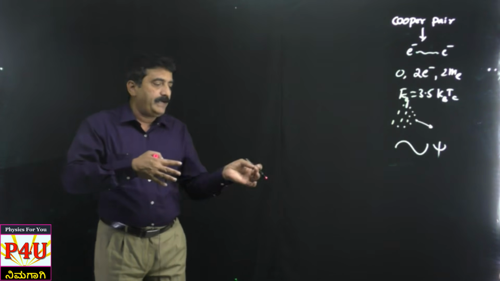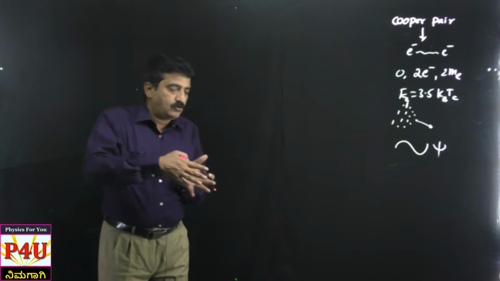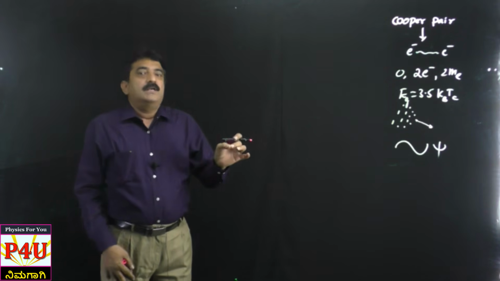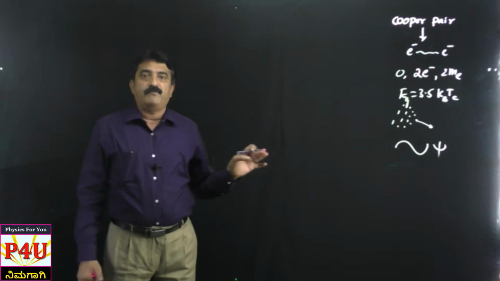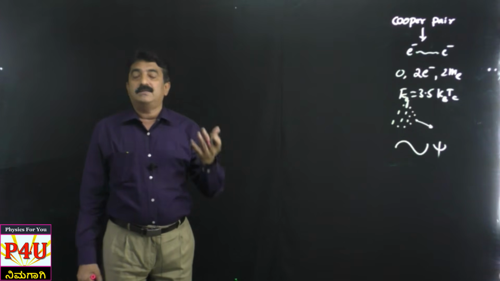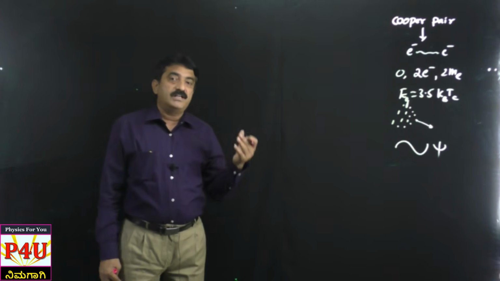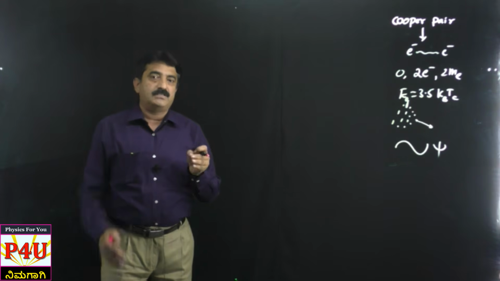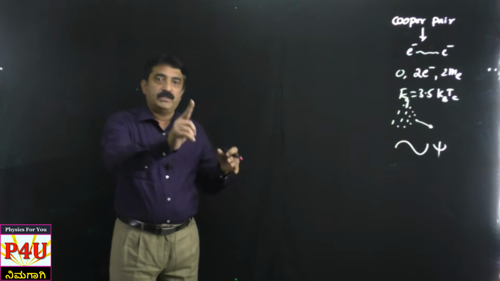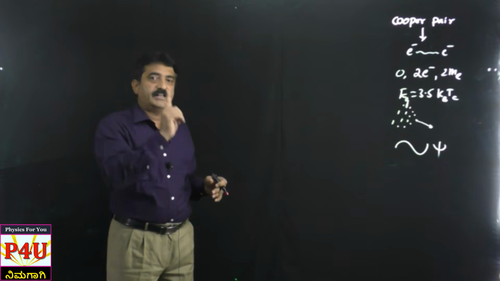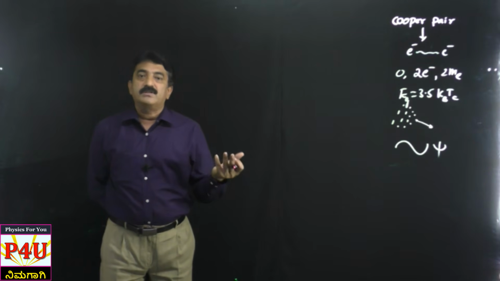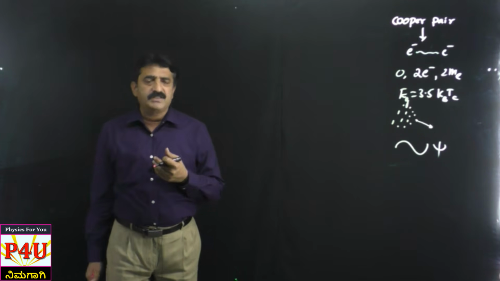If one Cooper pair deviates because of the collision, other Cooper pairs also will follow suit. That means for Cooper pairs, collision is not taken as an obstruction. Collision is taken in a positive sense, so that all of them travel in the same direction, so that there is always uniform motion, so that there is always current, which is nothing but no resistance, no resistivity. This is the zero resistance state.